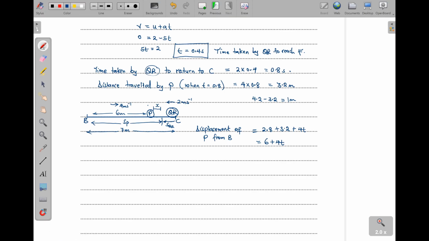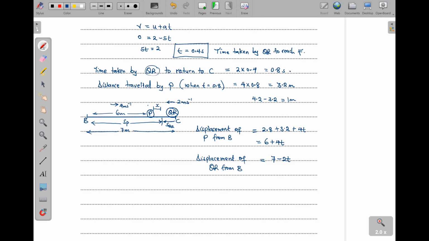Then let's look at the displacement of Q, this QR from B. Now, this is 7, minus the distance it is going to move here. This distance is going to be speed times time. Their speed is 2, times the time taken, which is t, the same that we have taken for P here. So it will be 7 minus 2t.